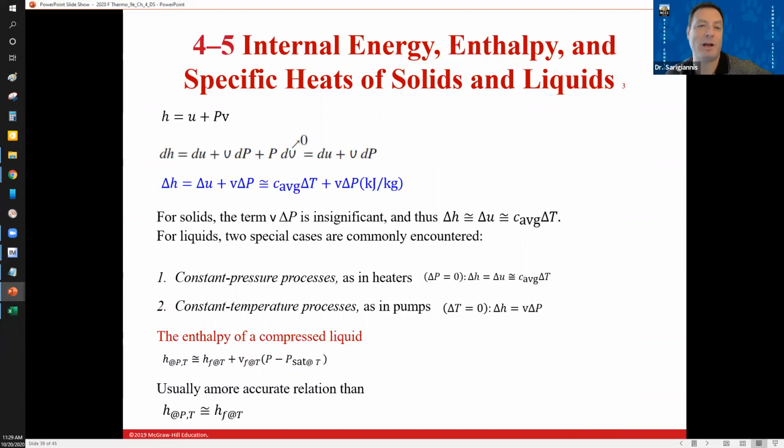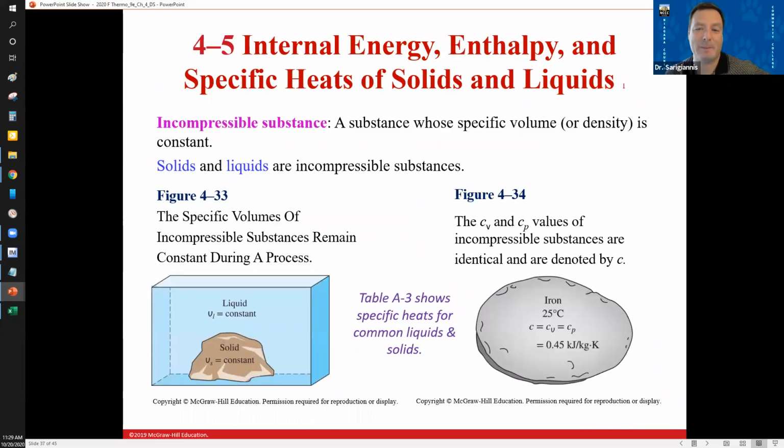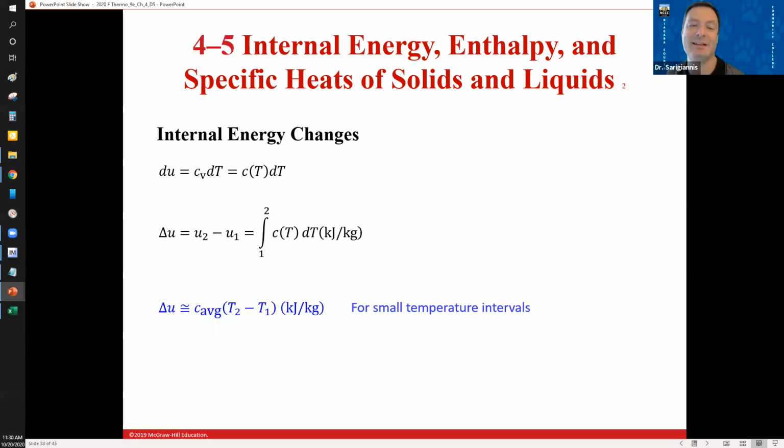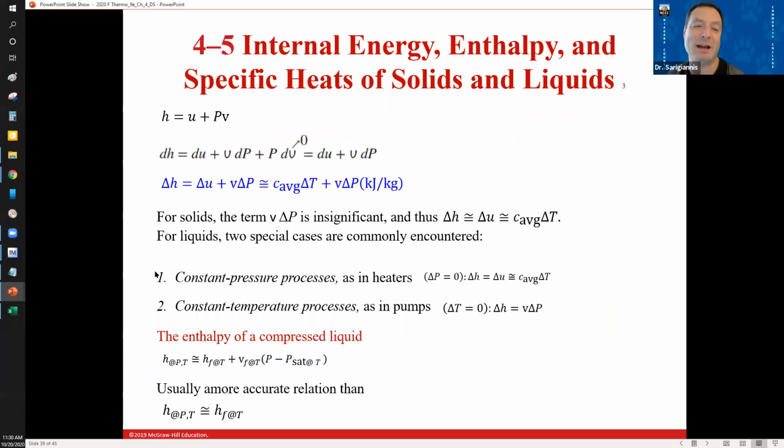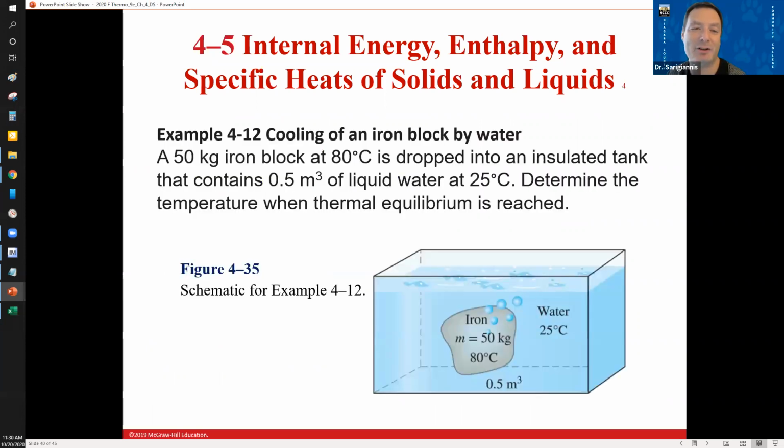The point here is that for solids, Cv and Cp are pretty much the same, and your energy balance is going to be simpler because you have a constant Cp or Cv. They're both the same, and you can use the average Cp.